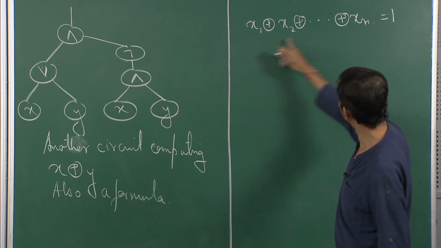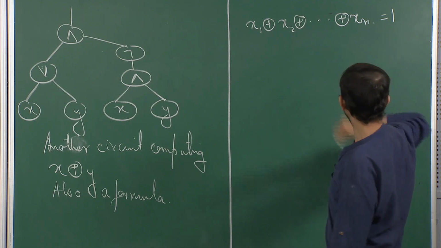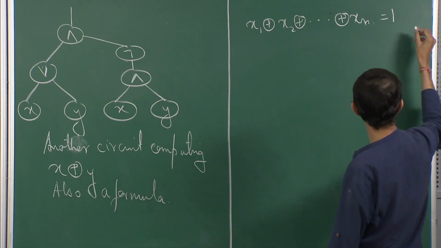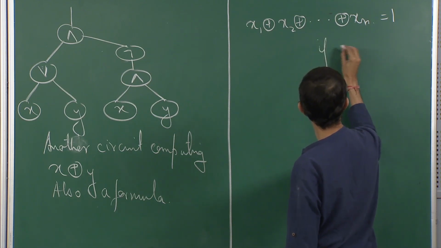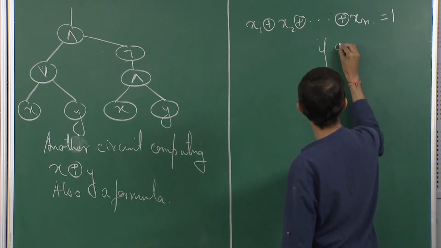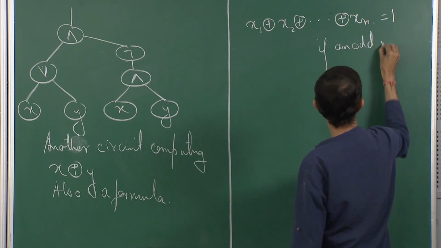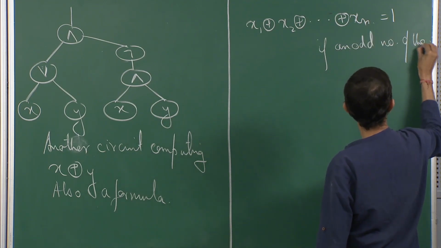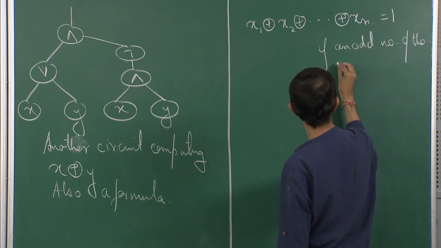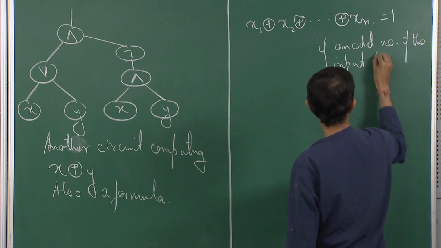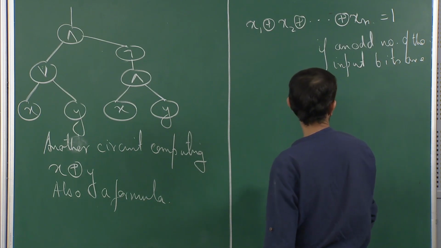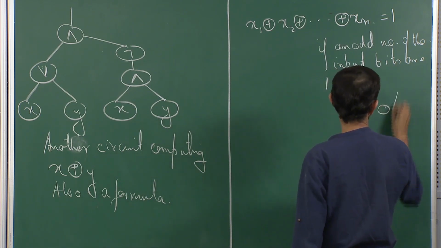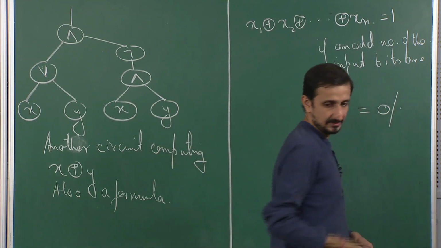If an odd number of the input bits are 1, then it is equal to 1, and it is equal to 0 otherwise.